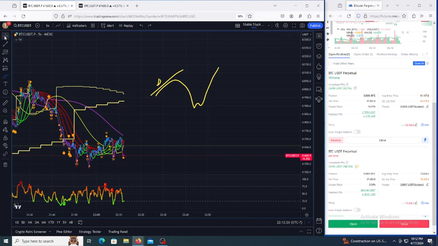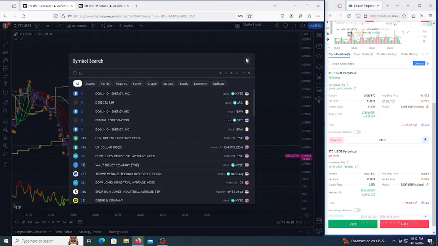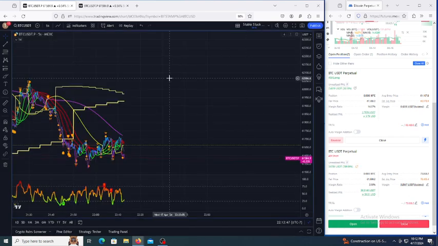So let me just show you on the chart. Let's just go to the daily. These patterns, the higher you go, the more simple the patterns are going to be.